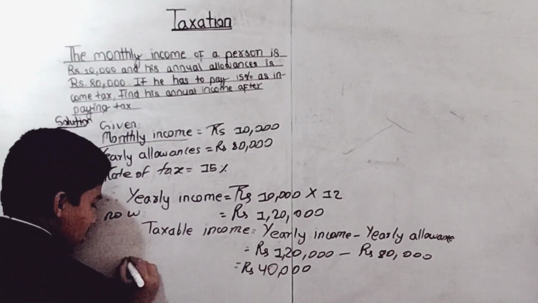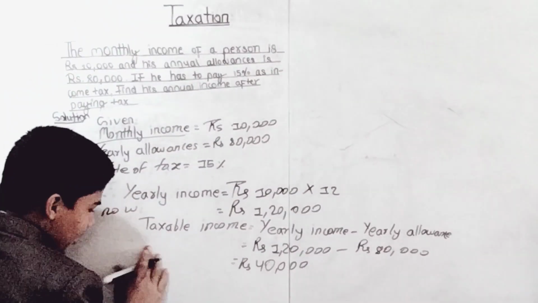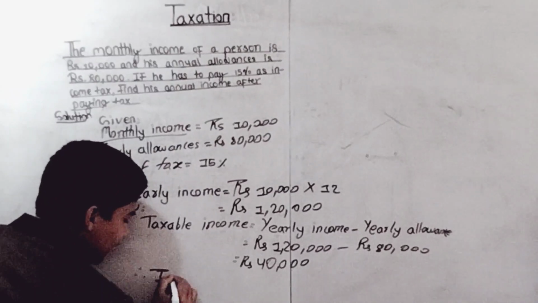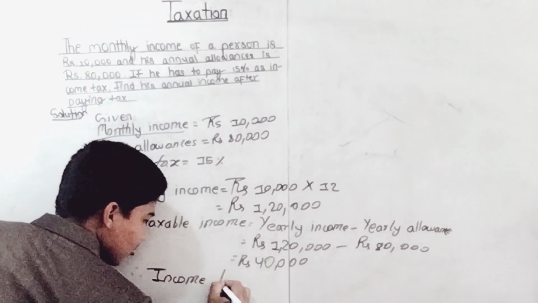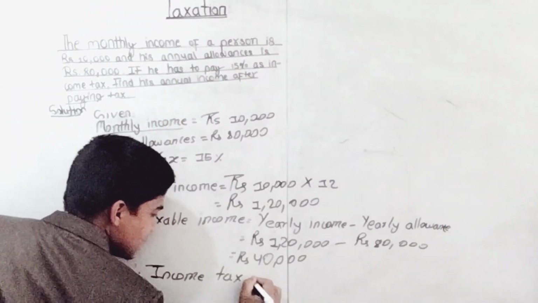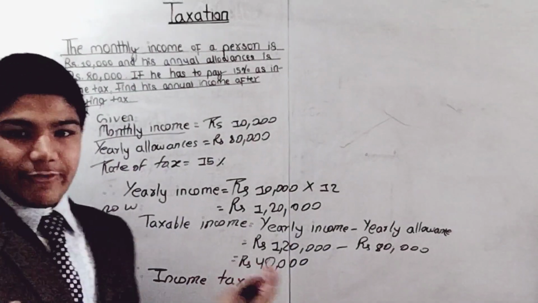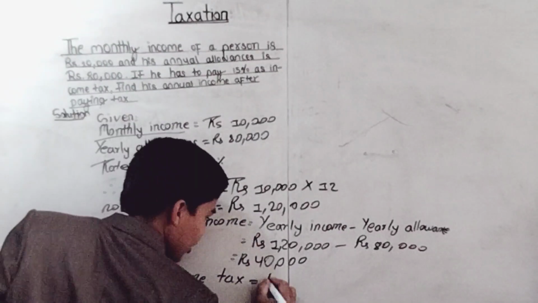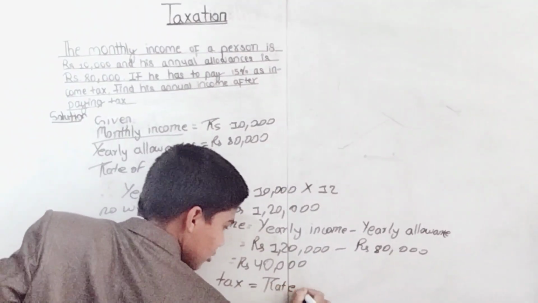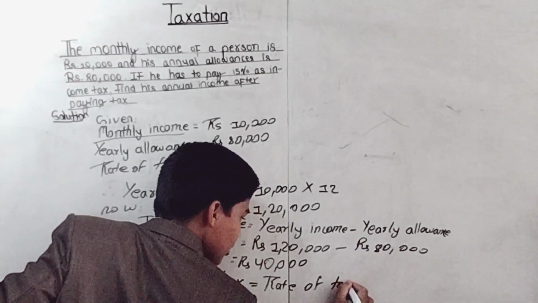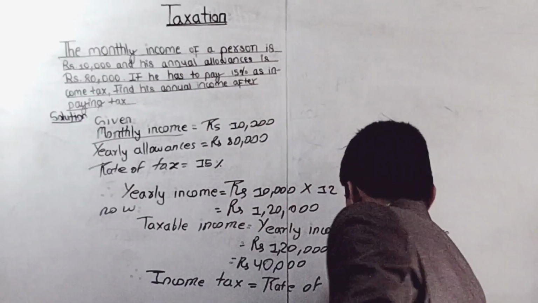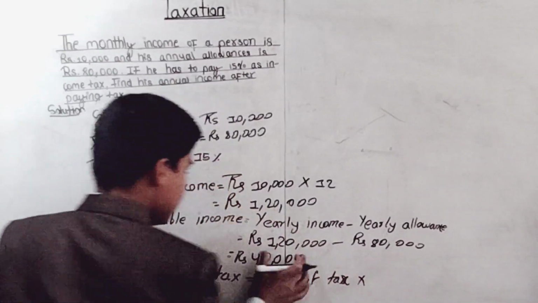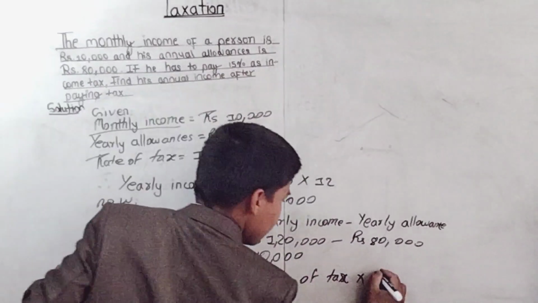Therefore, income tax is equal to, what is the formula to find income tax? Do you know? Yes, rate of tax into this 40,000 taxable income.